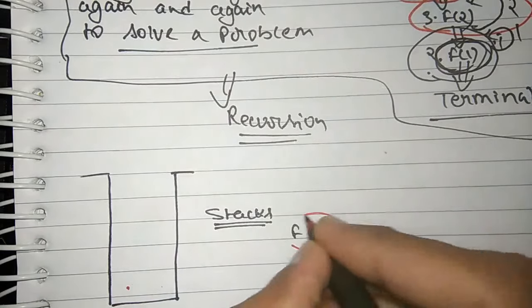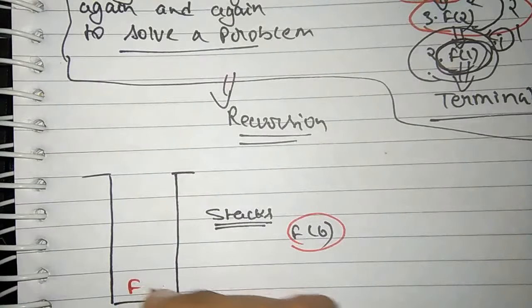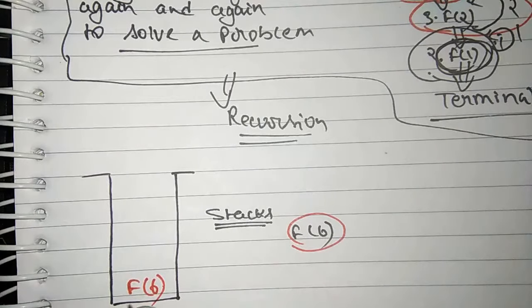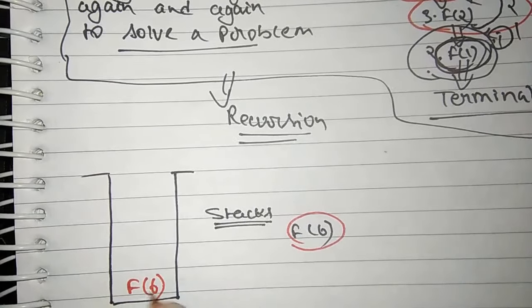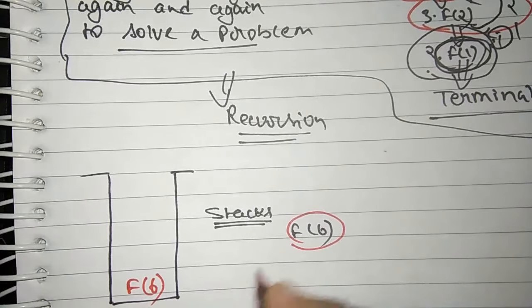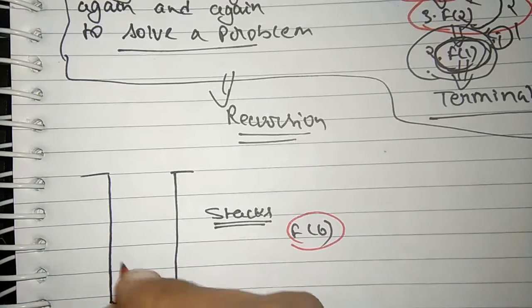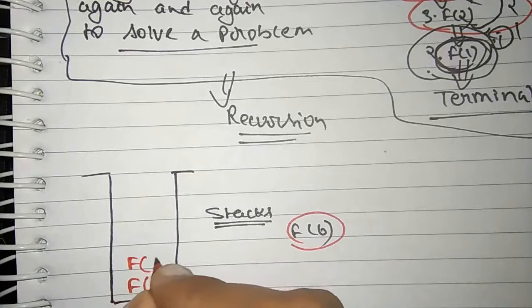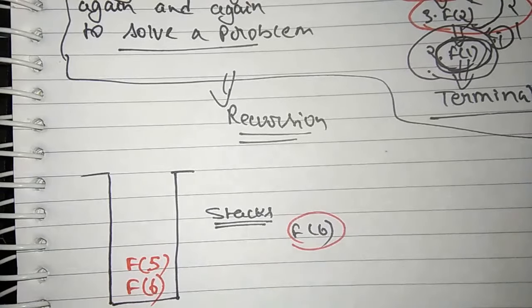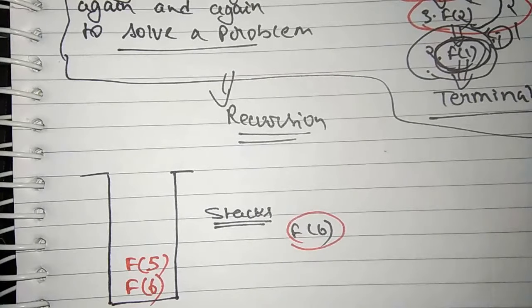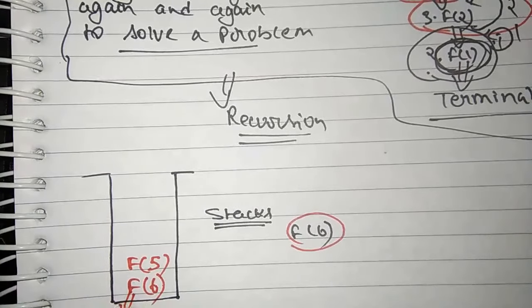So f of 6 is stored in the stack. To find the factorial of 6, we require a factorial of 5, so f of 6 will call f of 5. Meanwhile, f of 6 will wait in the stack.